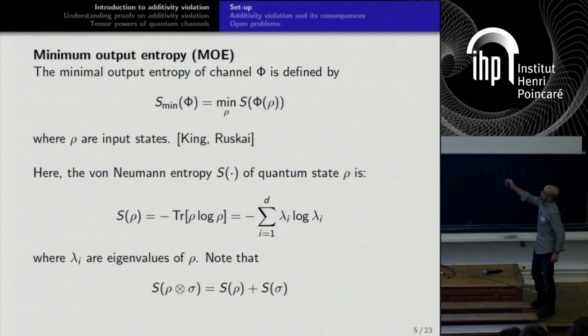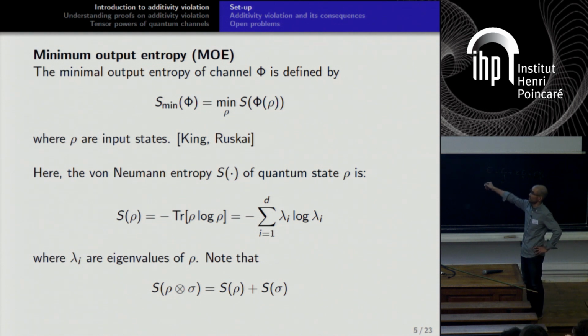But as you can see, we have a log in the entropy definition. This log makes this product into a sum. So for product states like this, entropy is just the sum of the two. But things are more complicated when we don't have a simple product like this. This relates to the additivity problem of quantum channels.